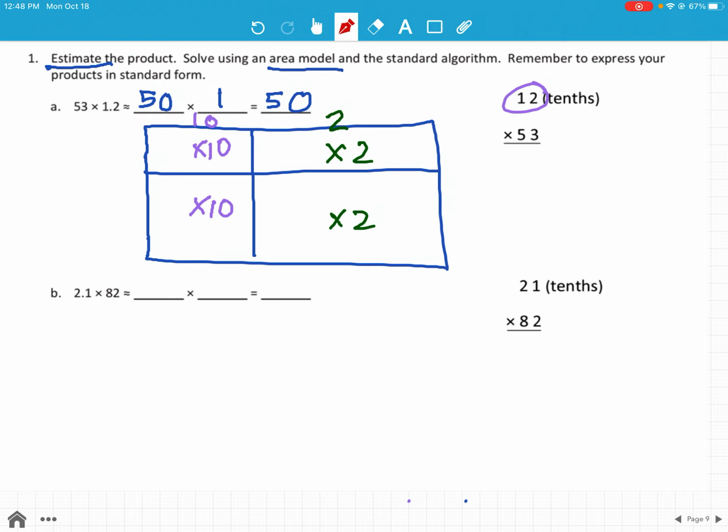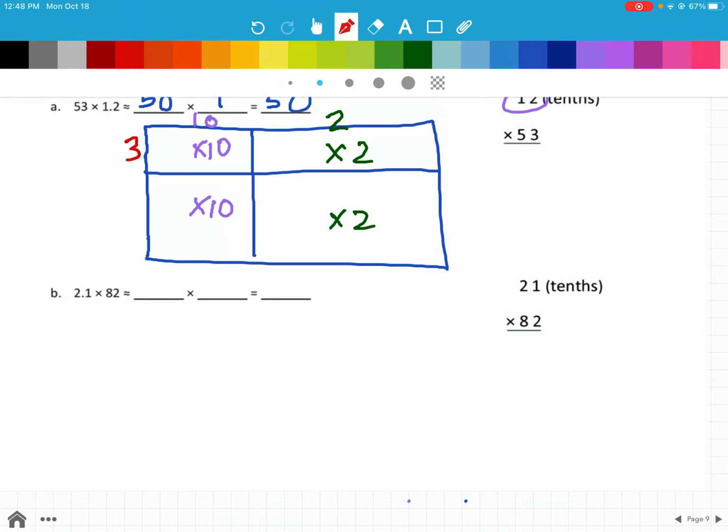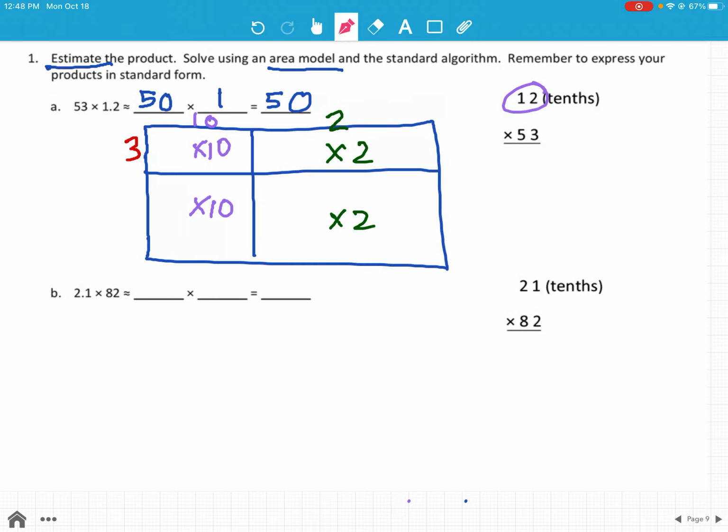Now over here, we have 53. So we're going to put the 3 here, and we'll do an orange. That's too close. We do a pink for the 50.